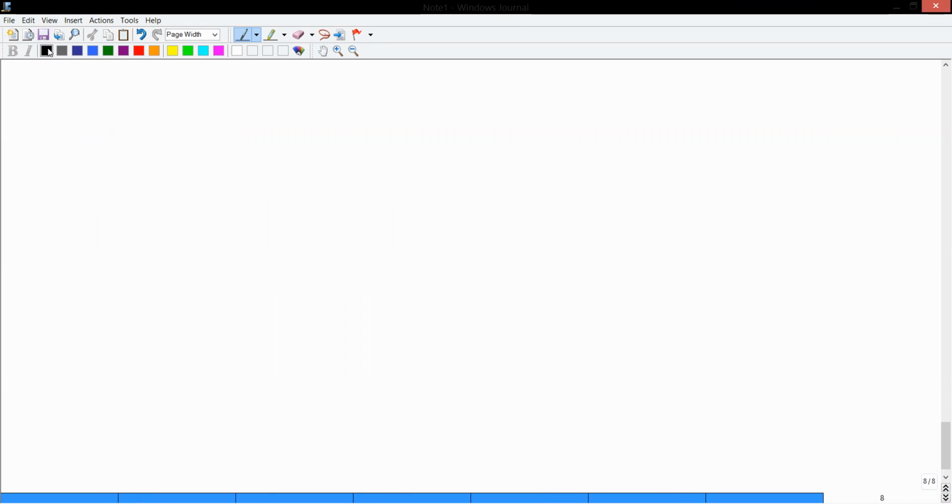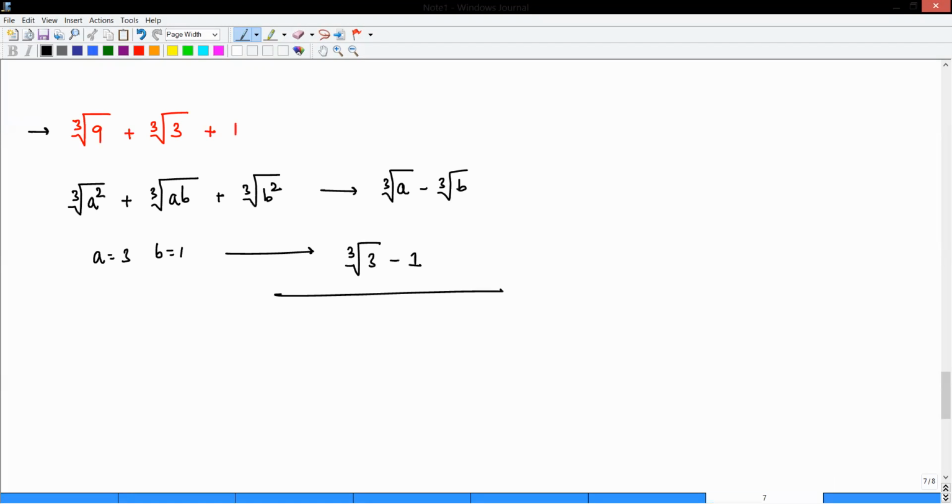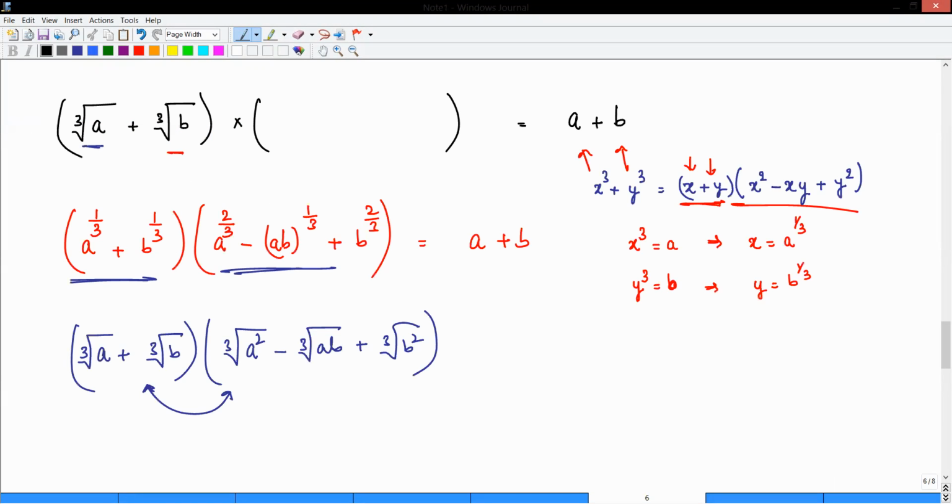Okay. Now, how do you compare two surds or indices?